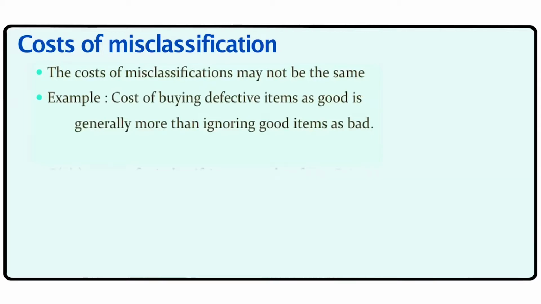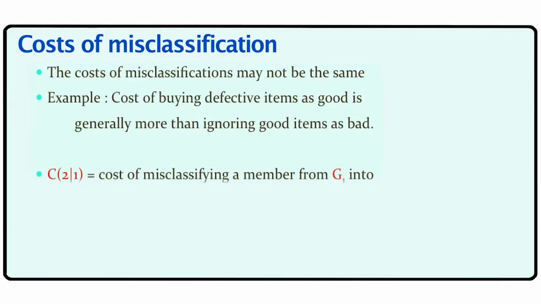But if you don't buy a good item thinking that it is bad, probably the cost is much lower. In the first case, you have spent money on something which is not good. In the second case, you could have bought something you like, but you have forgone it, assuming that it is not good. So the costs of these two are very often not equal.